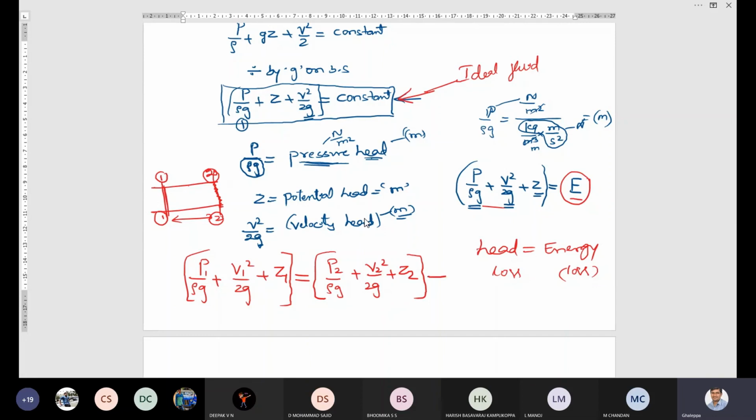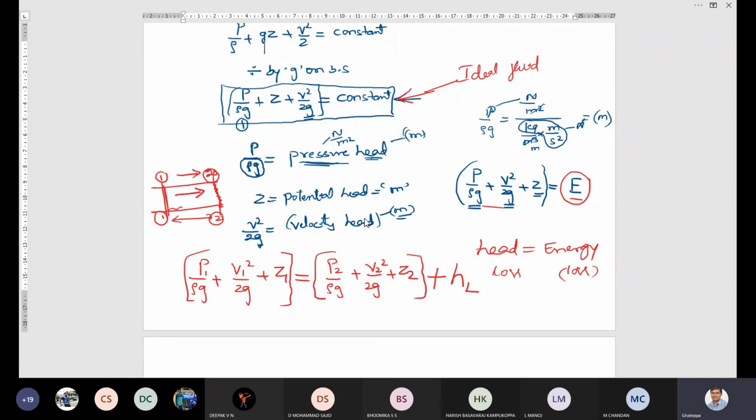If I consider some loss, then I will write head loss. I will add one more term on the right hand side. It is head loss. Why are we adding the loss term on the right hand side? Because I am assuming that the fluid is flowing from 1 to 2.